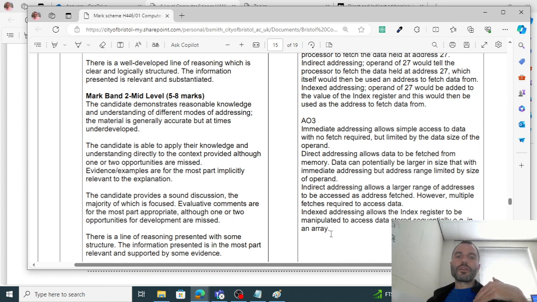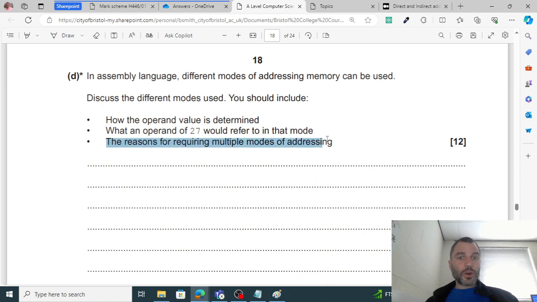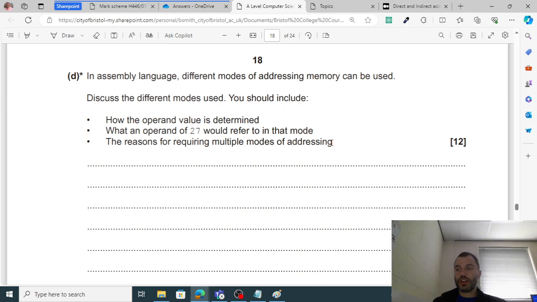They all have different advantages and disadvantages over the others, and it depends what you're trying to do. Perhaps you would want to use a mixture of these, as it says. That's the reason for requiring multiple modes of addressing. If you're just trying to add up one number, or you're trying to deal with a range of numbers, then maybe you would use indexed addressing.